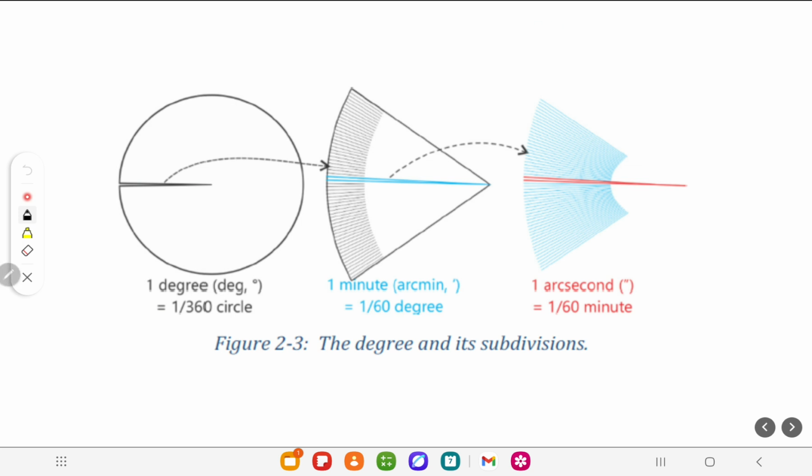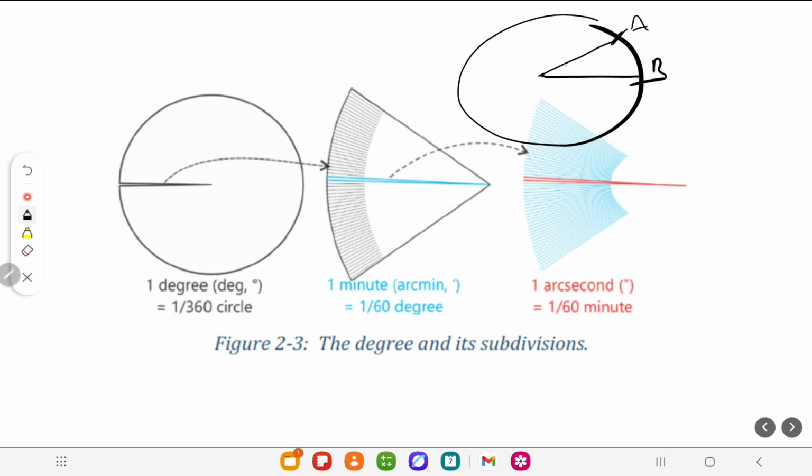If you want to express the angle, let's take the example of a circle, and from this radius, this arc A to B. The angle is formed between two radii and one arc, that is A to B. To describe this, you must divide it by R, and then you get the angle. That's a simple concept.